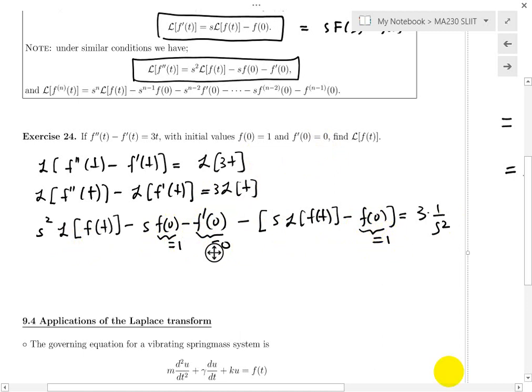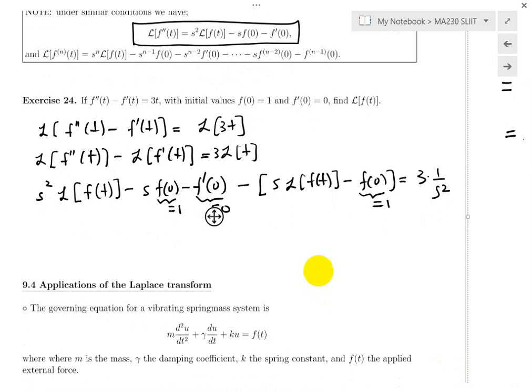So this is the power of Laplace transform.